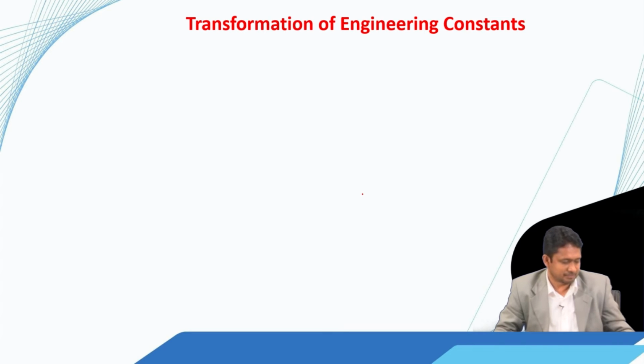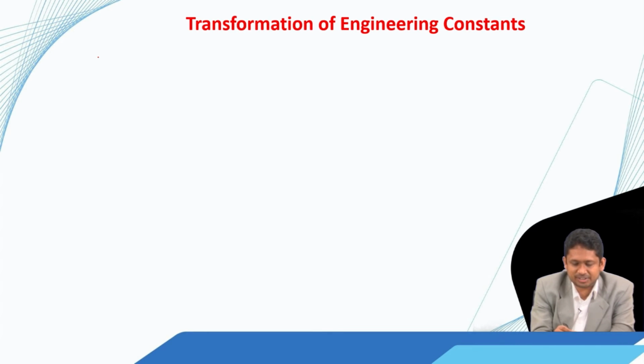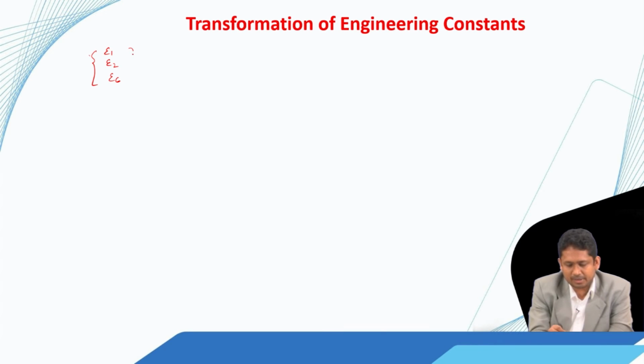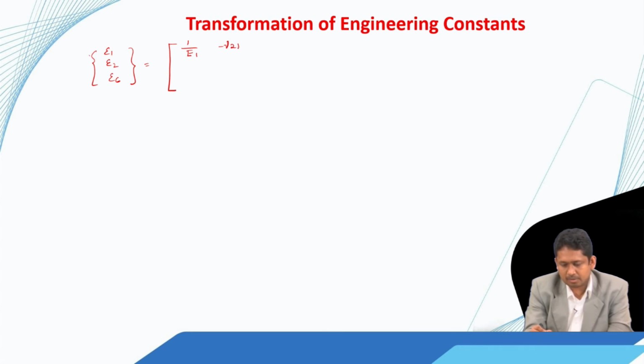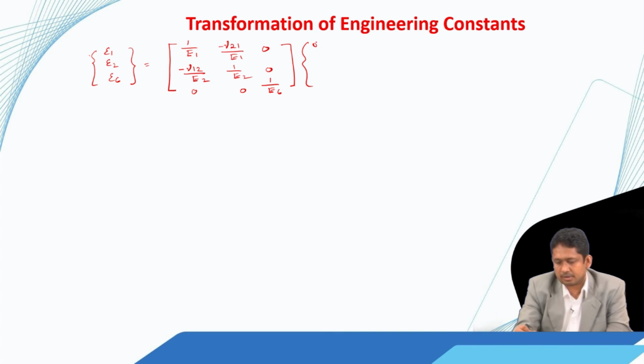For that, let us go back to how we wrote the engineering constants. So, in the 1-2 system we had epsilon 1, epsilon 2, epsilon 6 in terms of the sigmas in the 1-2 system as this matrix, and then we multiply this with the stress vector sigma 1, sigma 2, sigma 6.